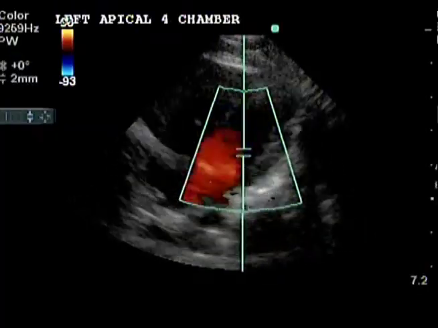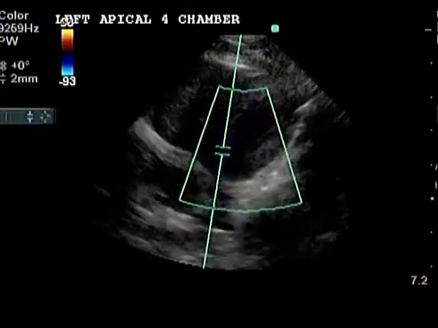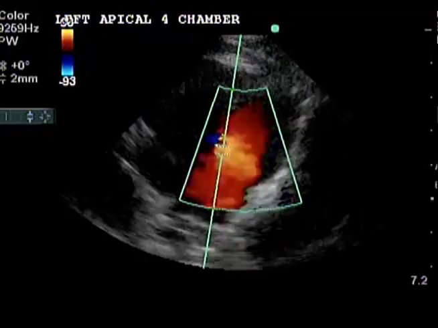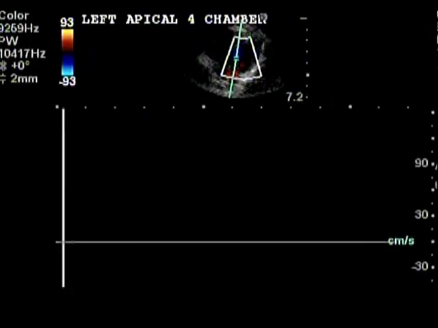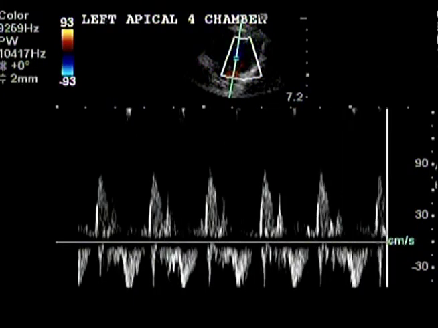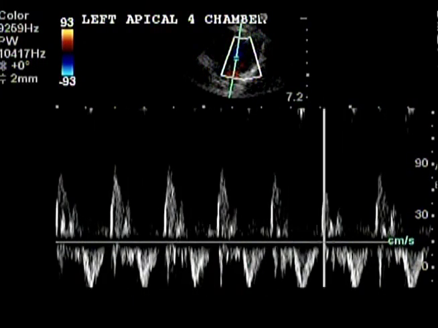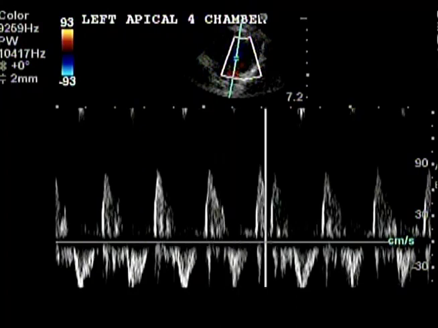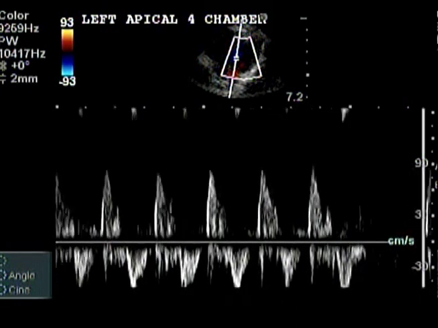Mitral E-wave deceleration time is the time it takes for maximum or peak E-wave velocity to return to the baseline, or zero velocity. Normal mitral E-wave deceleration time for dogs is 80 to 100 milliseconds.